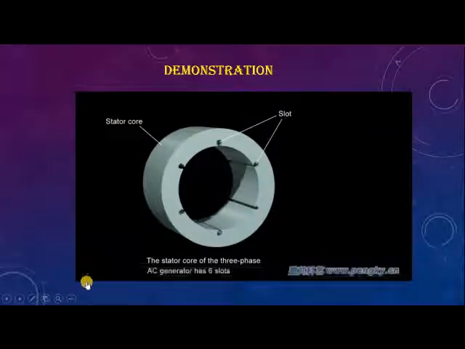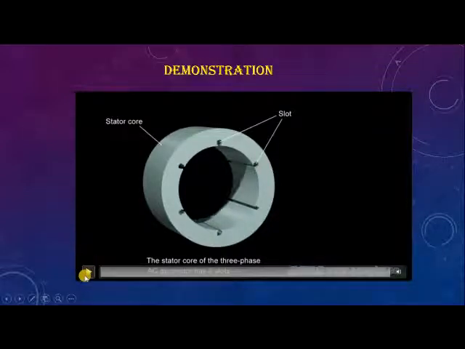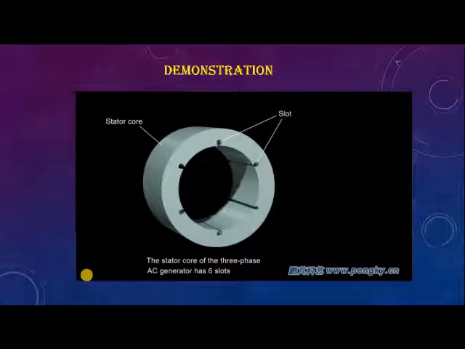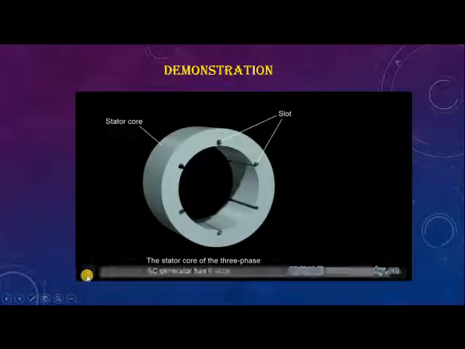That means one end of all the three coils should be connected together to form the neutral point, and the other three points form the phases RYB, or we can say ABC. When the rotor rotates, an alternating voltage is generated in all the three phases, which are phase shifted by 120 degree. So look at this demo.